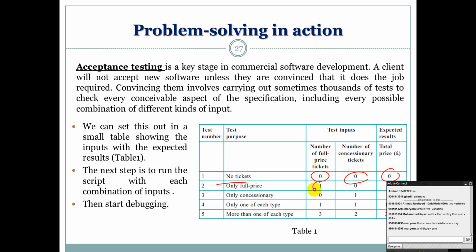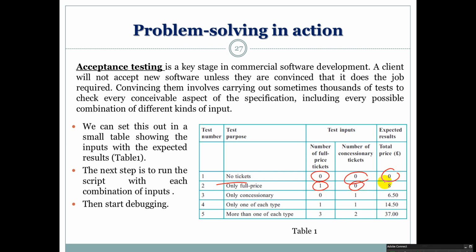Only one full price ticket, concessionary 0, the result must be 8 if the ticket price is 8. Only one concessionary, it is 6.5 if the concessionary ticket is 6.5. One full price ticket, one concessionary ticket, so it is 8 plus 6.5, 14.5, and so on.